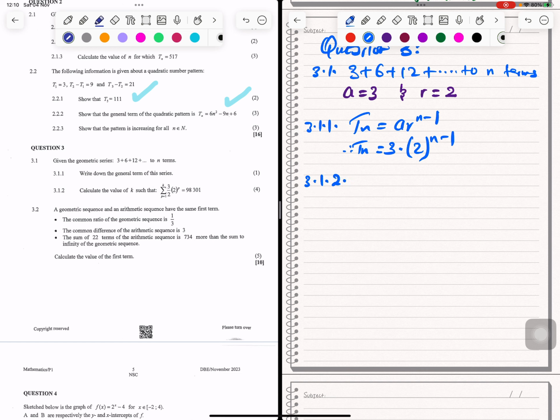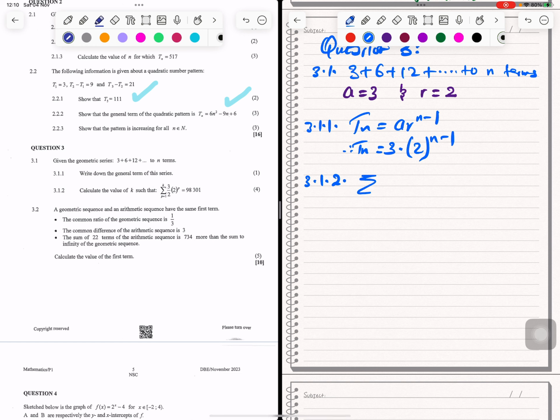And then 3.1.2. Calculate the value of k such that the sum of that geometric series is 98301.